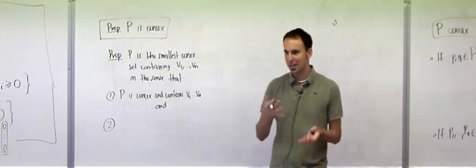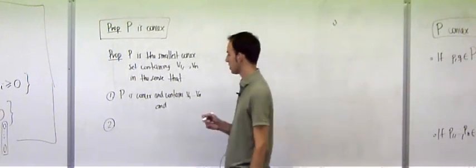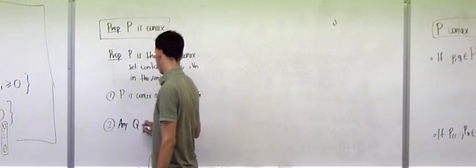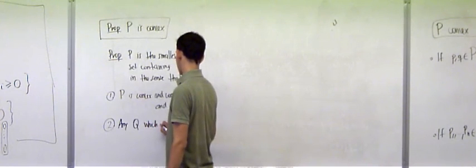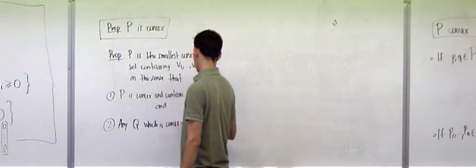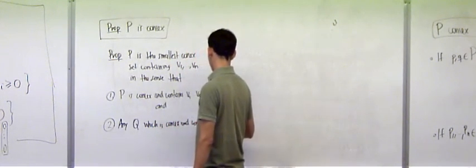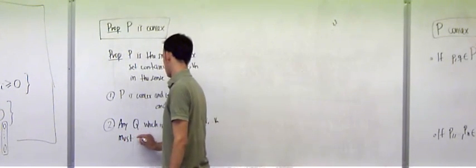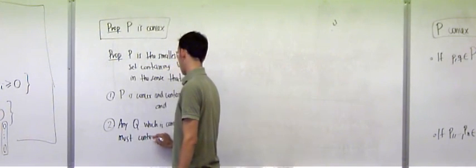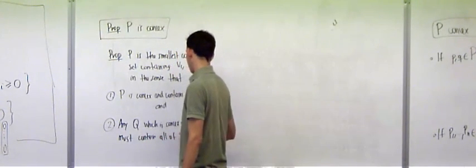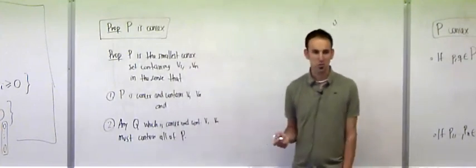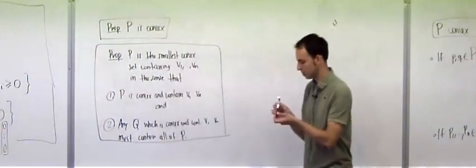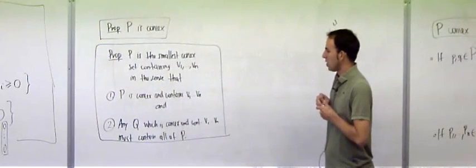And so it's smallest in any reasonable measure sense that you can think of. Any Q which is convex and contains v1 up to vn must contain all of P, and therefore must be bigger than P in whatever sense you can think of.